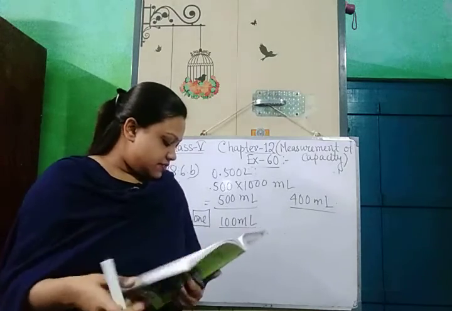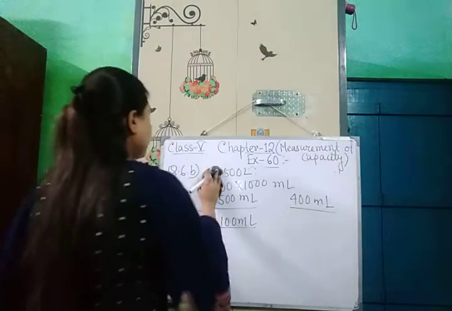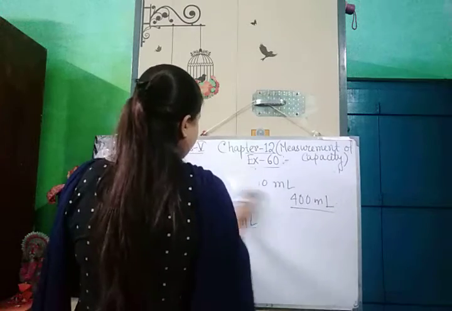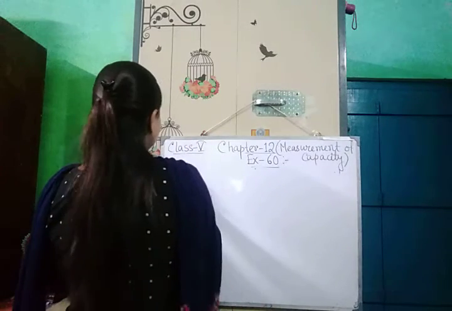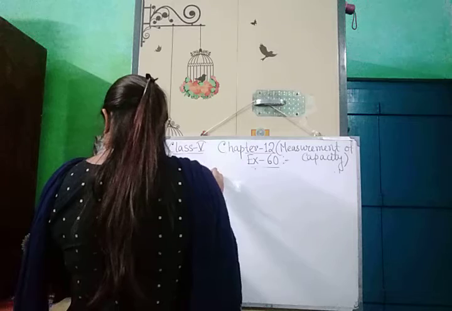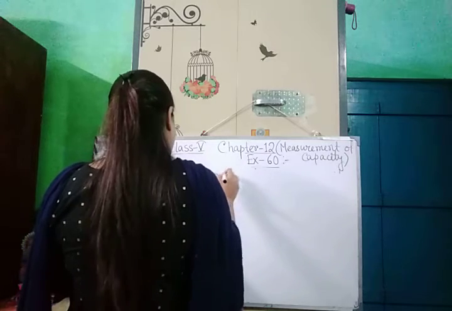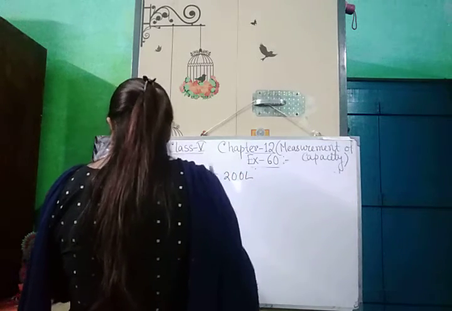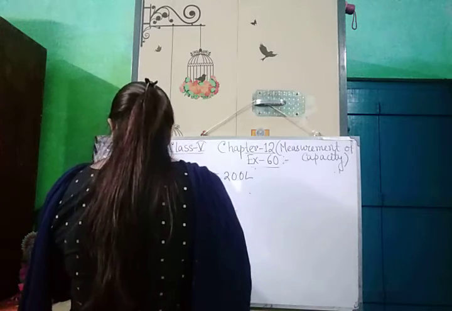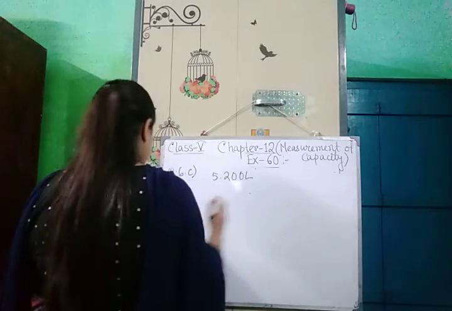Now next one is question number 6c, which is 5.200 liter diesel can be measured by using dash 1 liter and 200 ml containers.